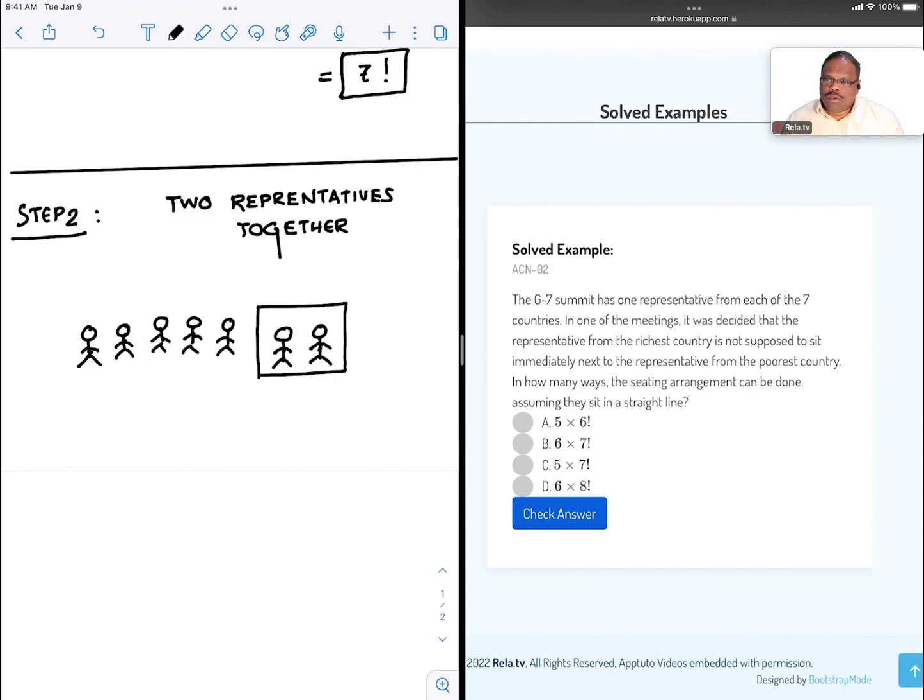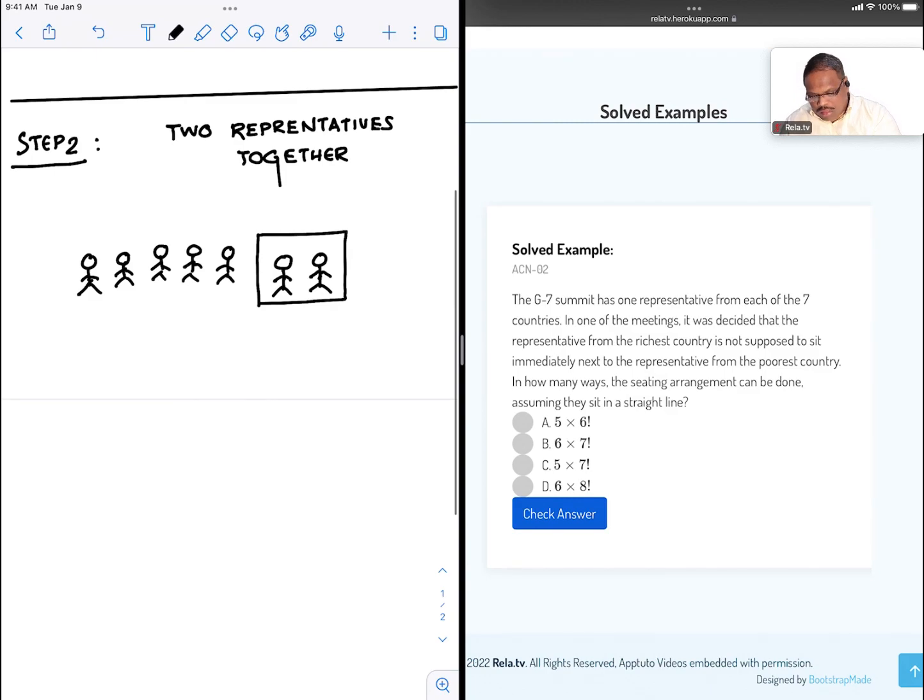Now, to make sure these two representatives are together, we place them in a container and never disturb that container. The remaining 5 people can have their freedom. This gives rise to 6 factorial arrangements, because now there are 6 units technically: the 5 free people with unlimited freedom, and these two who behave as one single unit. And there is another thing.